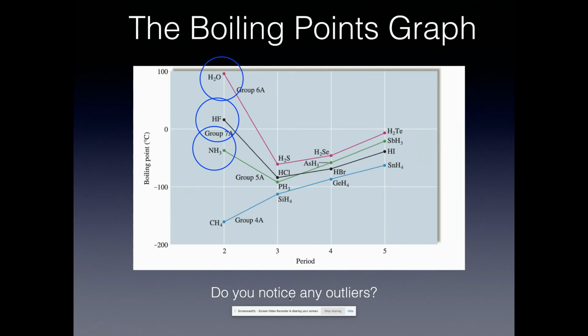And the IMF there is so incredibly strong that their boiling points go completely out of whack. Water is an example. If hydrogen bonding didn't exist, water's boiling point would be somewhere around negative 70 degrees Celsius rather than 100 degrees Celsius. There'd be no liquid water on this planet. So without hydrogen bonding, we wouldn't be here.